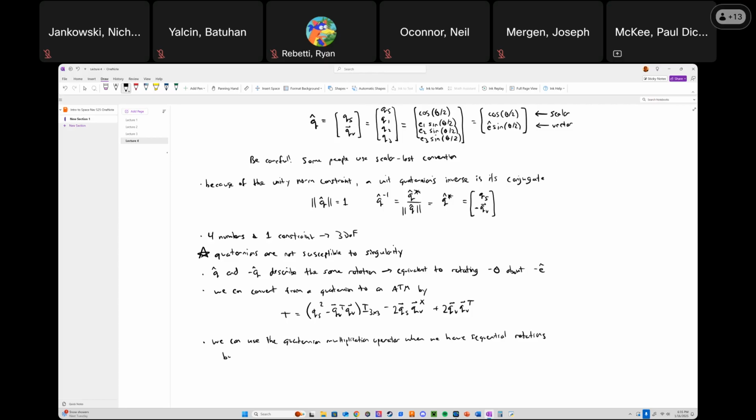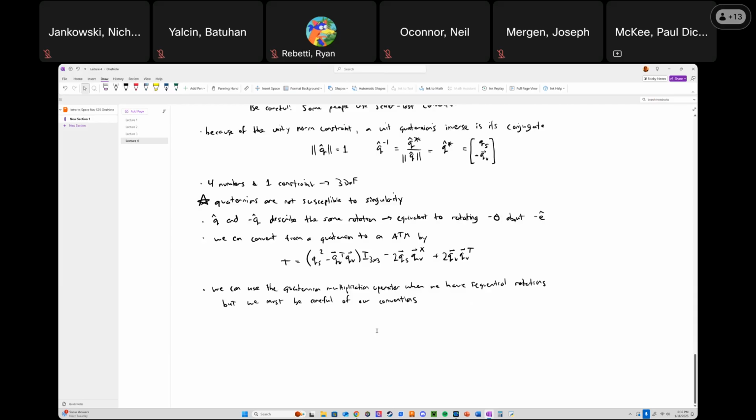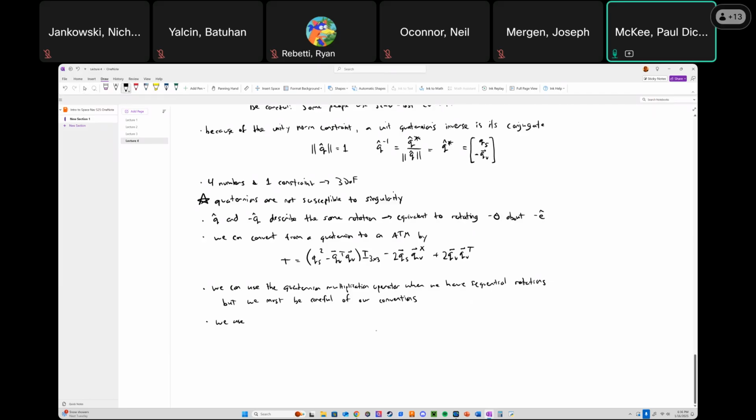But we must be careful of our conventions. So we use the non-Hamiltonian convention such that quaternion multiplication occurs right to left, just like matrix multiplication.